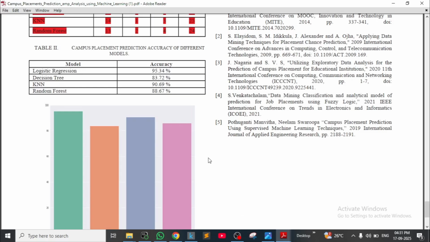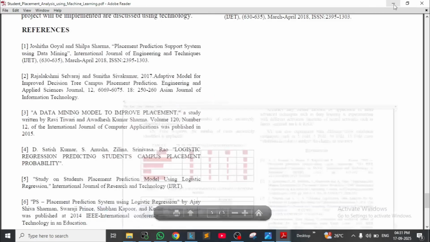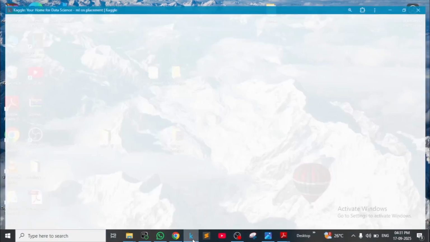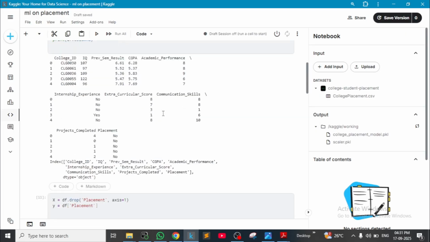Okay, now coming to our model, that is our code. This is the dataset we use. Inside that, we ran the model with respect to the dataset, that is college student placement.